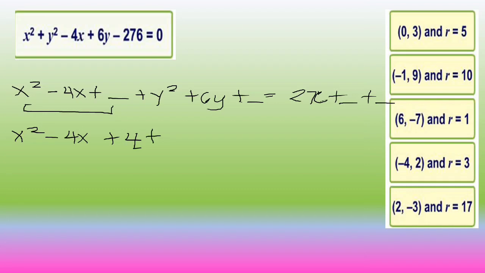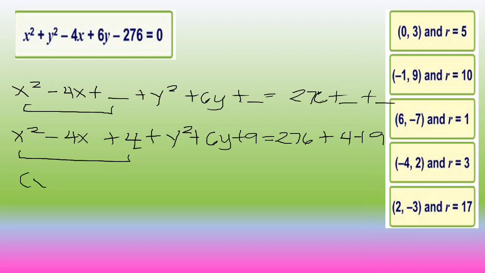Then we have y squared, 6 divided by 2. That's equal to 3. 3 squared. That is equal to 9. Okay, so that becomes 276 plus 4 plus 9. Okay, so get its square of binomial. So that is x minus 2 squared plus y plus 3 squared.